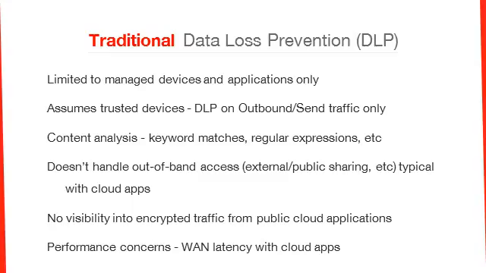And of course, the additional WAN latency of pushing traffic from a cloud-based application into corporate for inspection and then back out to the public internet causes additional performance concerns. So we have a set of architectural limitations as well as performance concerns, which map up to traditional DLP just not going to cut it as we make this move.